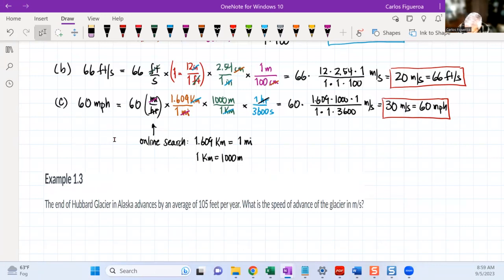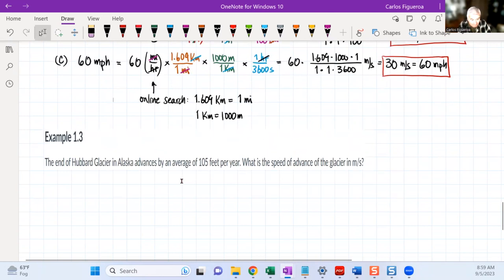What is the speed of the glacier in meters per second? Okay. Let's see if I don't screw up with my numbers here. And you should never trust me. Always keep me in check.